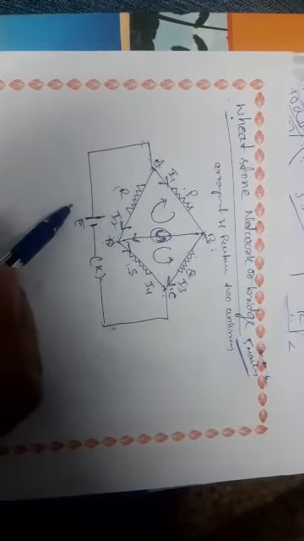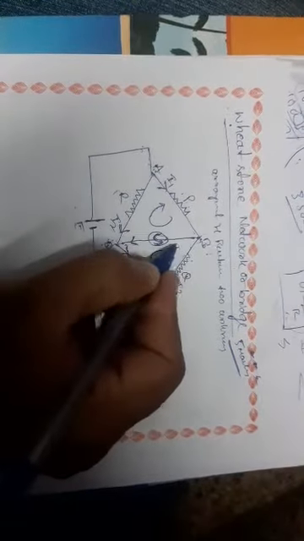The EMF E is connected across A and C. The current flowing through the galvanometer is Ig. That is a diverging current. Ig is altered by varying the 4 resistances.